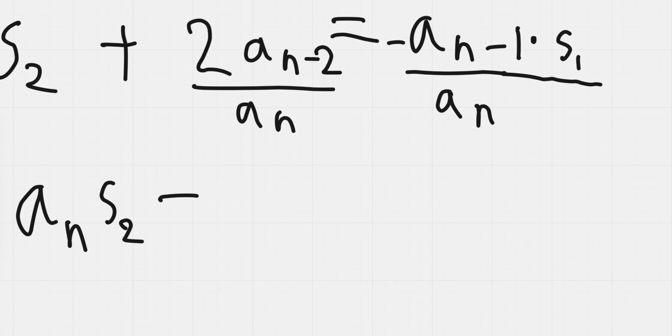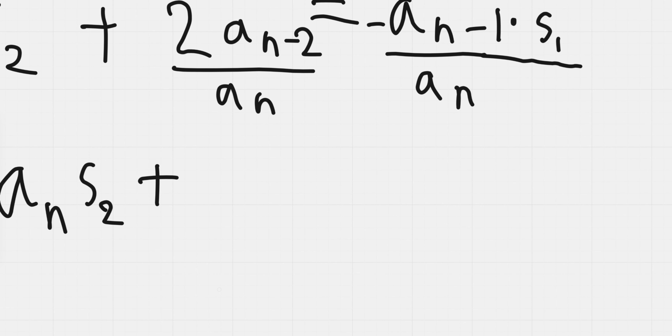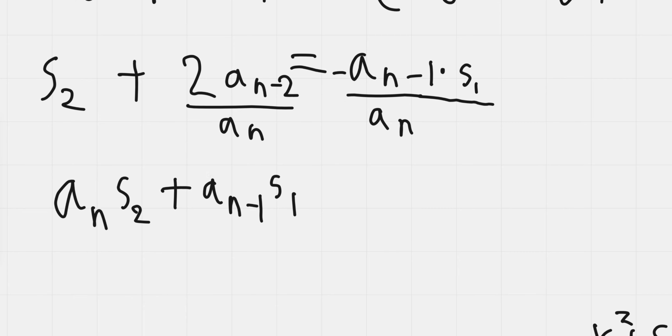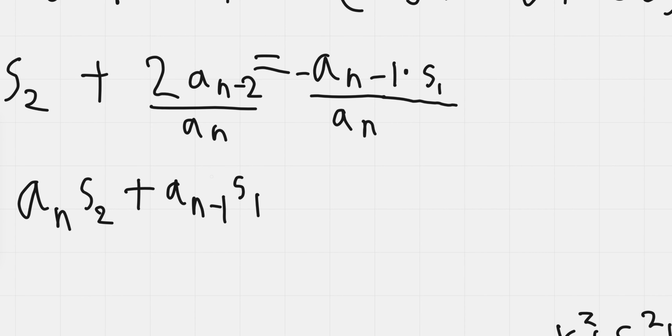So you're going to have a sub n times s2 plus a sub n minus 1 times s1 plus a sub n minus 2 times 2 equals 0.